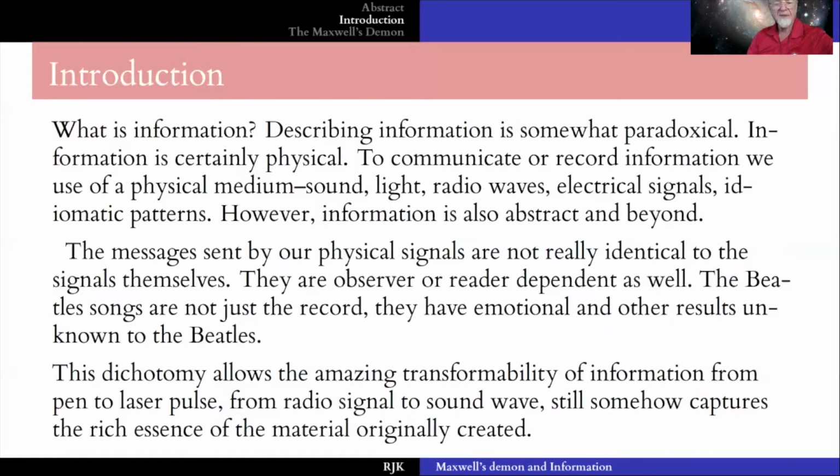The messages sent by our physical signals are not really identical to the signals themselves. They're observer or reader dependent as well. The Beatles songs are not just the record. They are the emotional and other results, unknown to the Beatles, experienced by various people who listen to it.